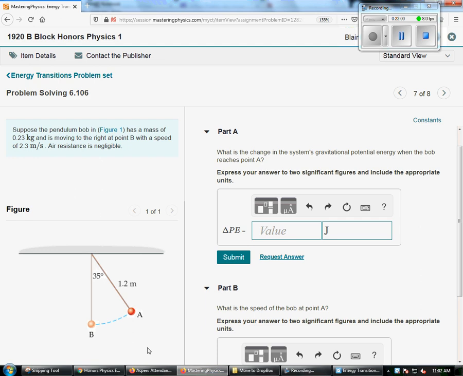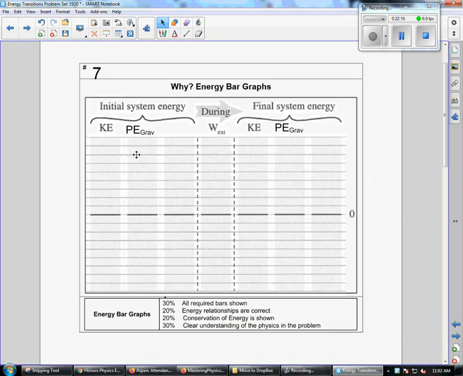At what point? I picked B. I agree with B. Because the change between A and B is easy if B is 0. You got change, final minus initial. If initial is 0, easier math. So I'm going to say this is at point B. The initial is B, so no PE grav.